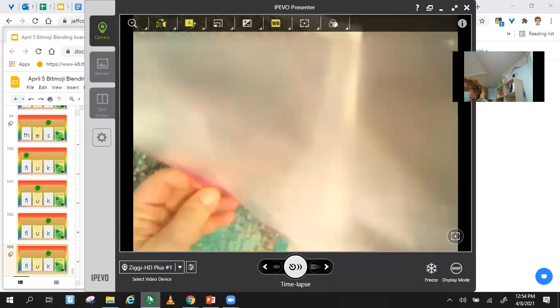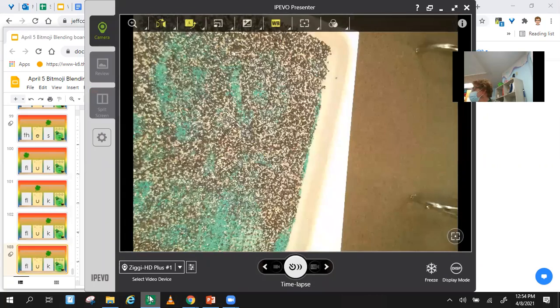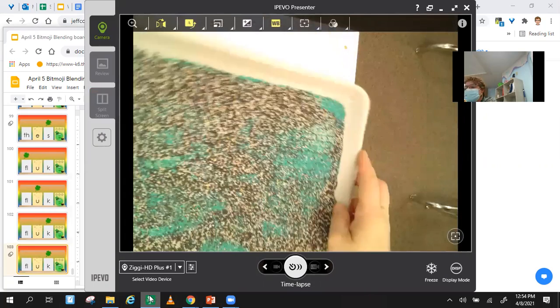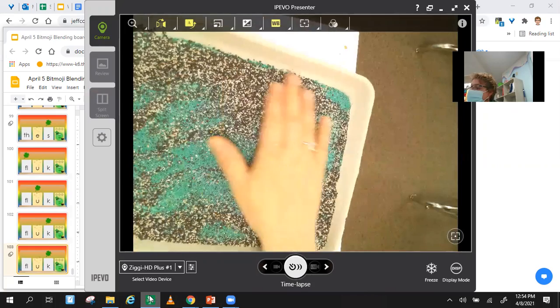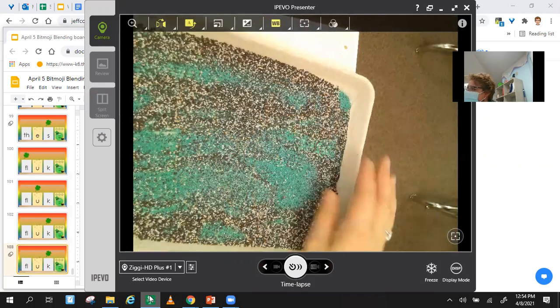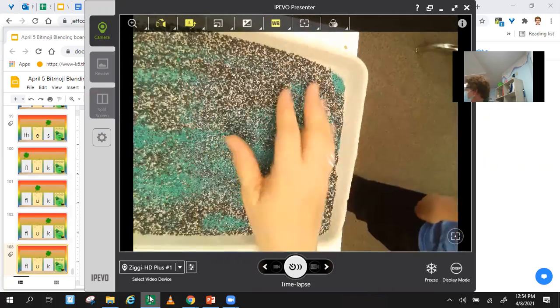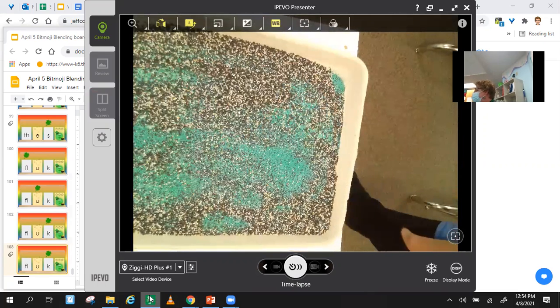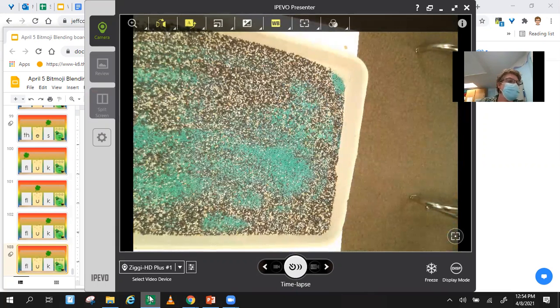Can we do, like, instead of sand, can we do rice? Well, I already have all the sand trays made. I don't have rice trays made. I didn't get my sand tray. Can I put it on there right now, so we don't forget?